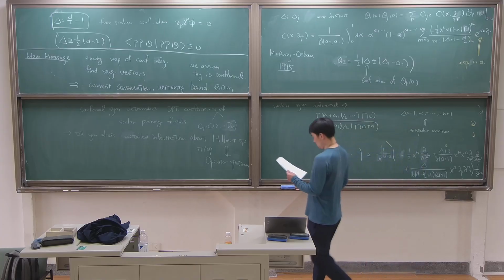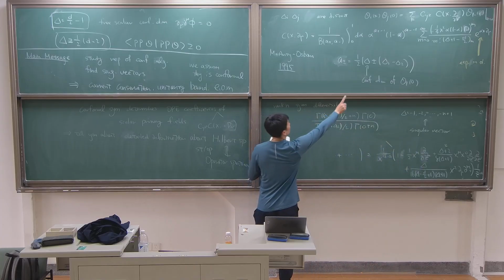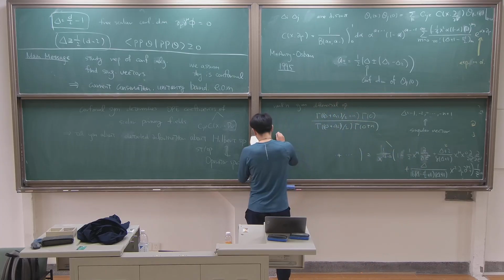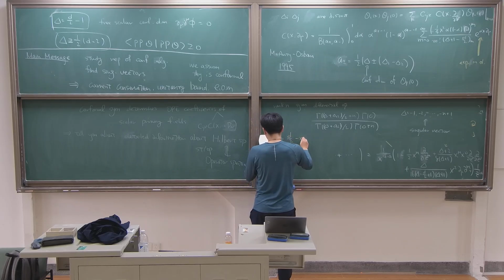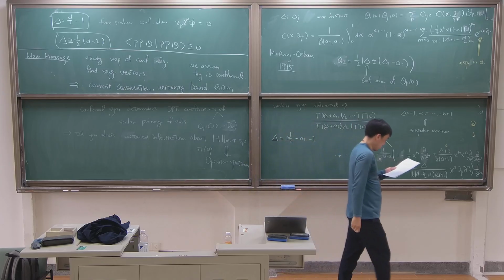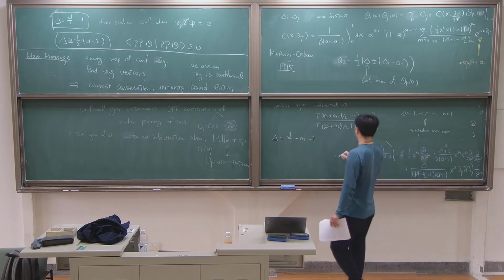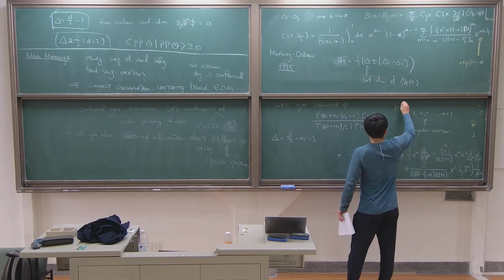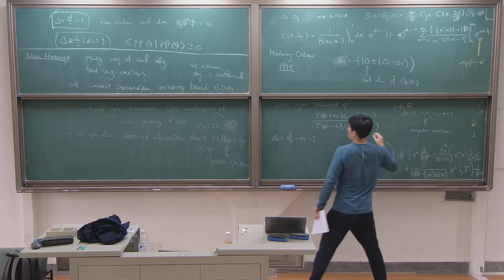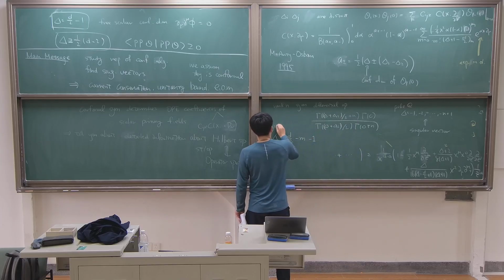Also, there's a pole. If you closely look at this formula, the form delta is equal to d over 2 minus m minus 1 by p. So this also has a pole, and also a pole at this one.